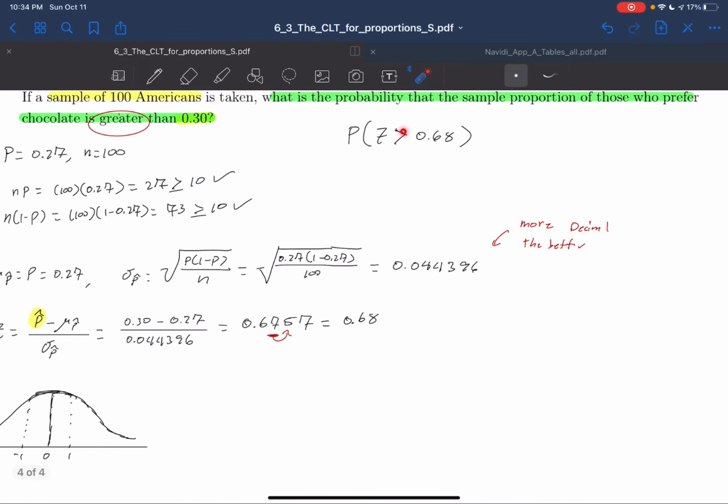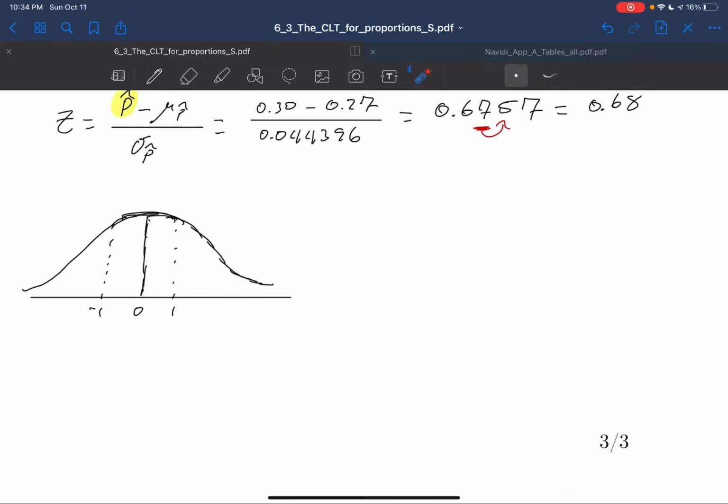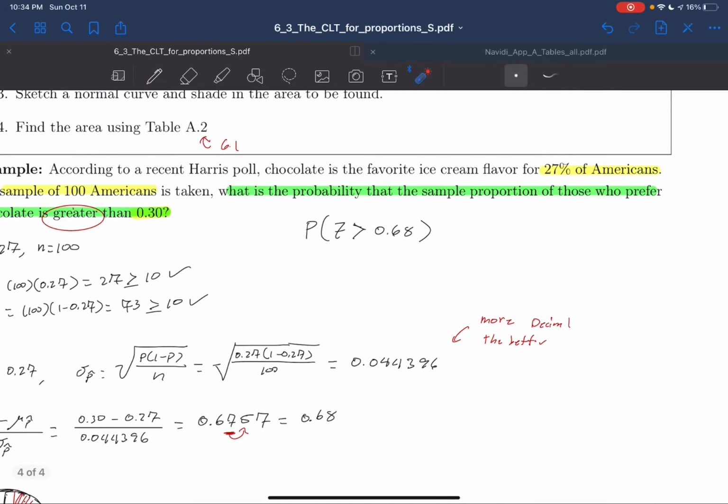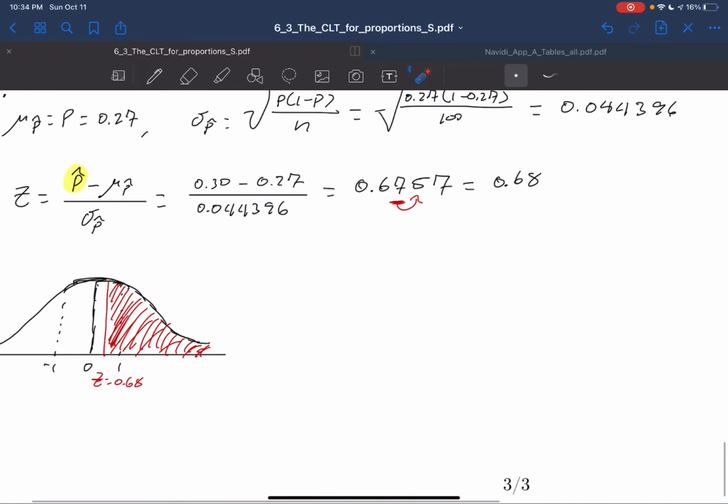This gives you an idea of which area I should be shading. Since it's pointing to the right, I should be shading the area to the right of my z-score. So let's say our z is somewhere around here. This is z equals 0.68, and we want to find the area to the right of this, because we're looking for greater than 0.30.